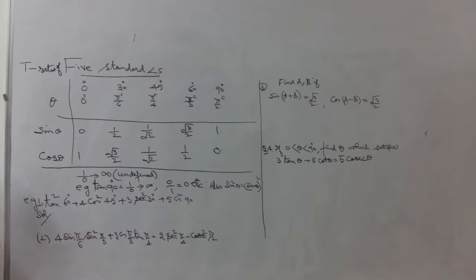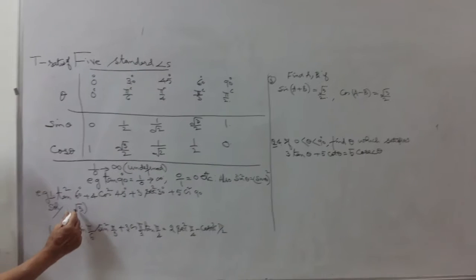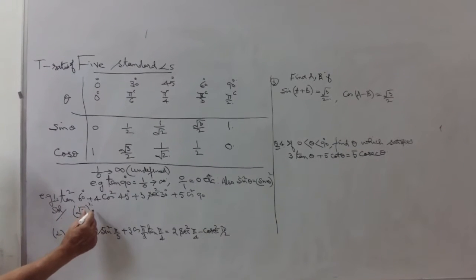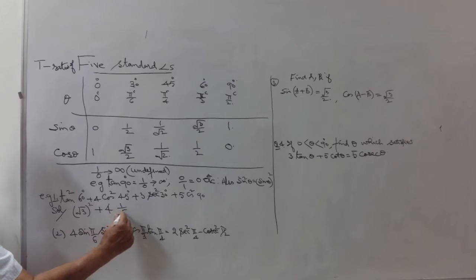Tangent of 60 means under root of 3 the whole square. You put up the value from the table. Then 4 cos square 45, that is 1 upon under root of 2 the whole square.